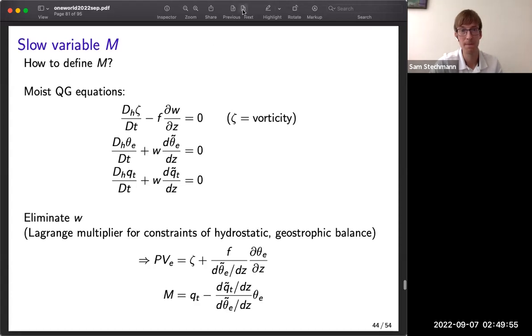The way to see M arise is from trying to eliminate W. You've maybe derived the PV evolution equation before, where you eliminate W between this W here and the W in the vorticity equation. There's another way to eliminate W, which is even easier, by taking a linear combo of the QT and theta E equations. That's where our definition of M comes from: a linear combination of QT and theta E.